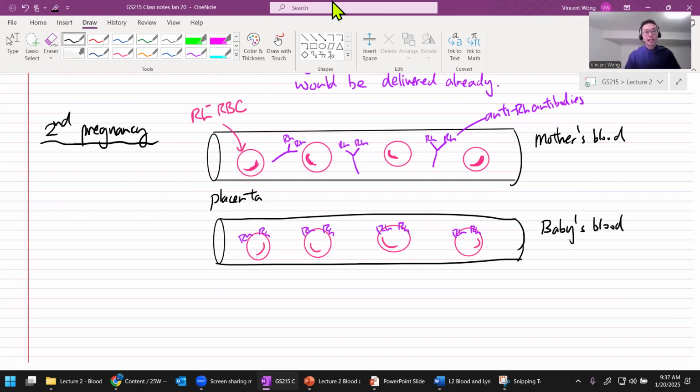And this is what's going to happen. The antibodies that are produced in the mother's body will cross the placenta and it will cross-react with the baby's blood.